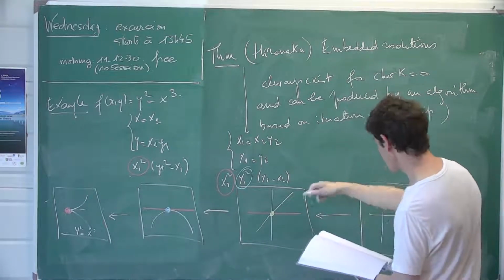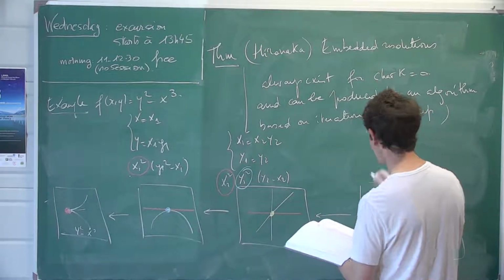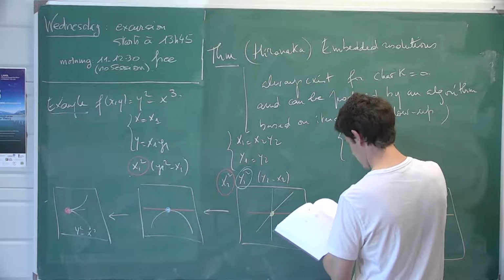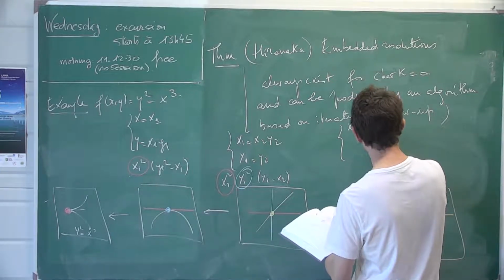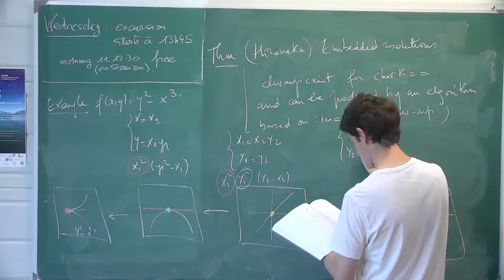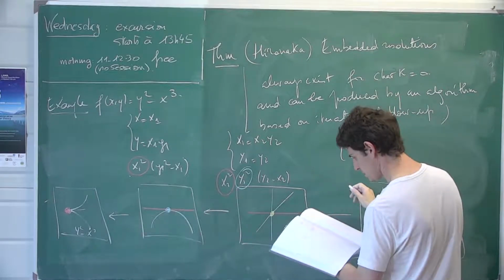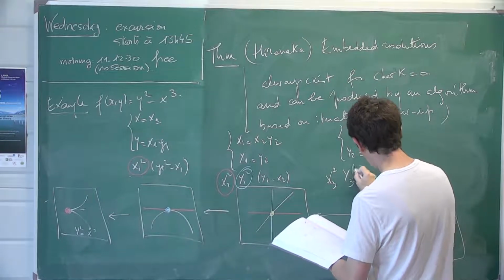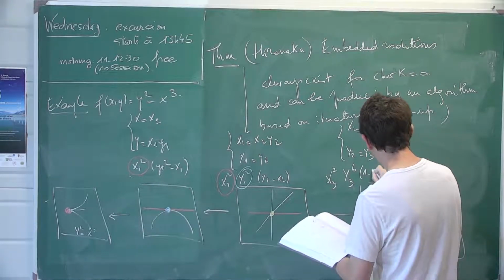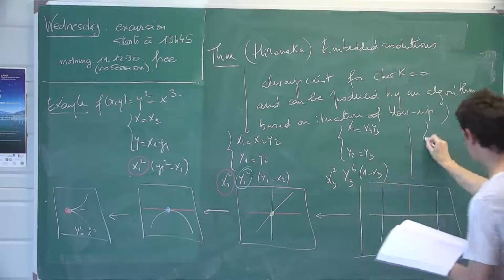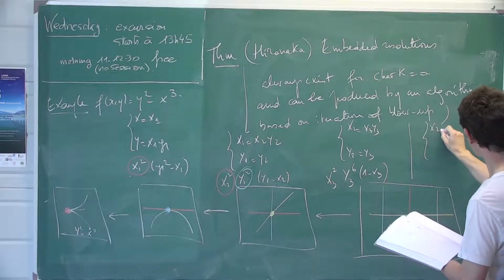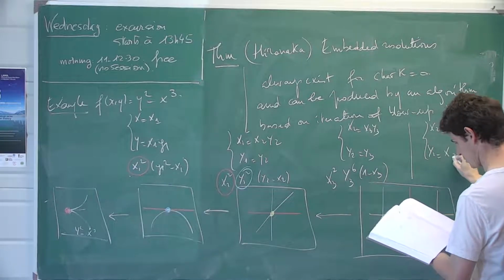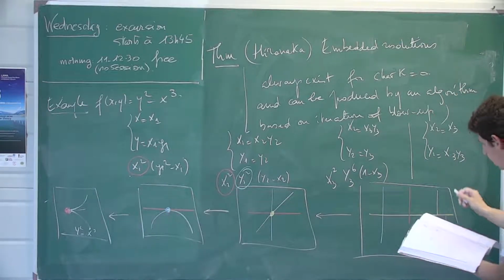So I continue. If I do the third blow-up, we have to look at the 2 charts. In the first chart I have this, and this gives you x3 squared, y3 to the 6, y3 minus x3, and in the other chart, x2 equals x3, y2 equals x3 y3, I have another thing.